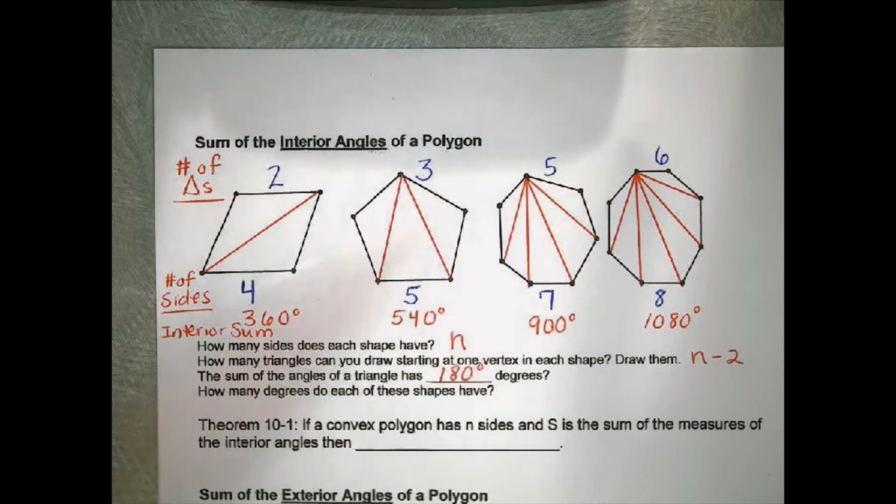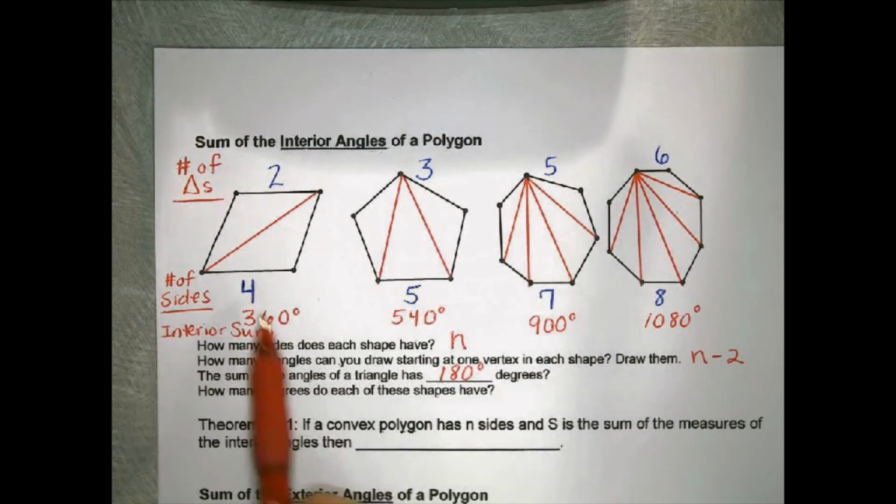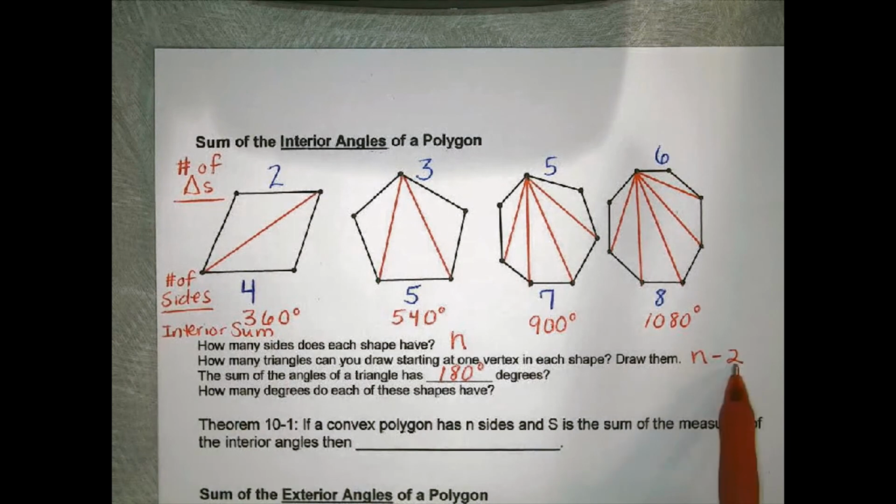So how many degrees does each of these shapes have? I simply take the number of sides, I subtract 2, and I multiply by 180. This is the sum of the measures of the internal angles.